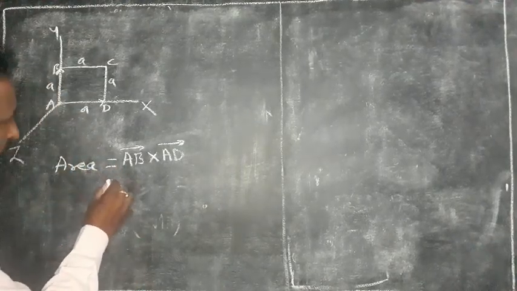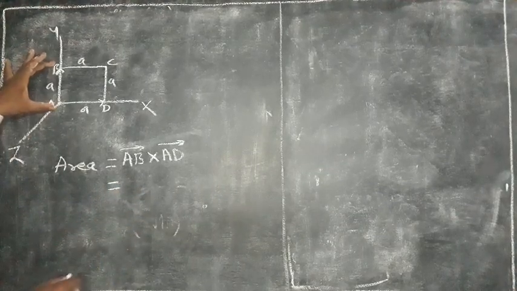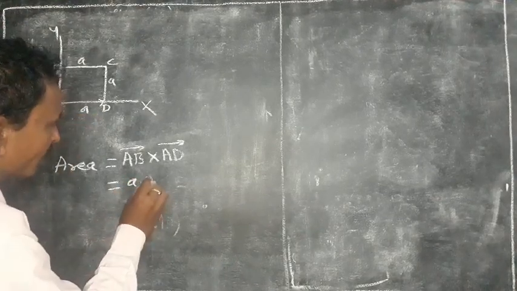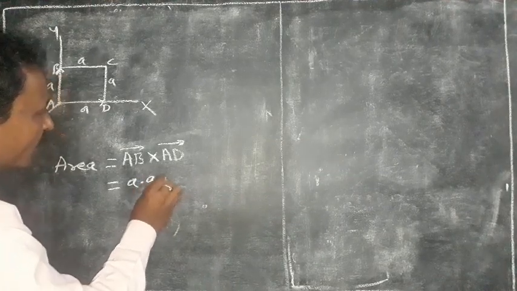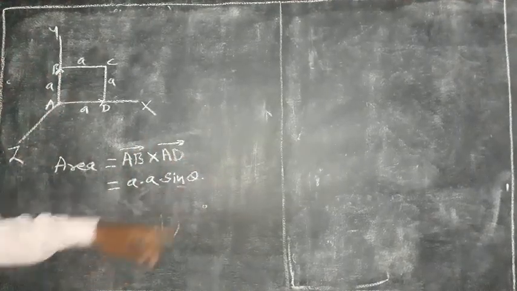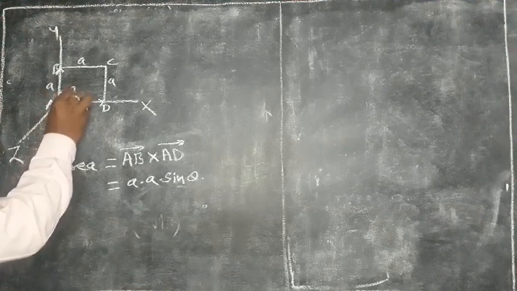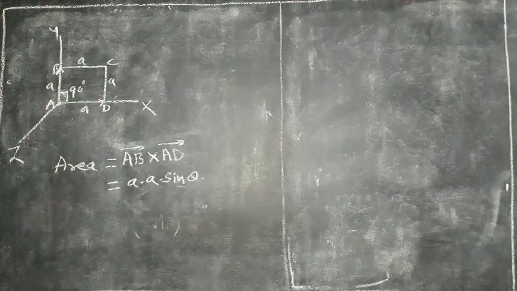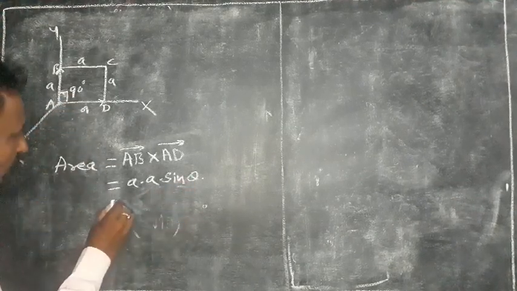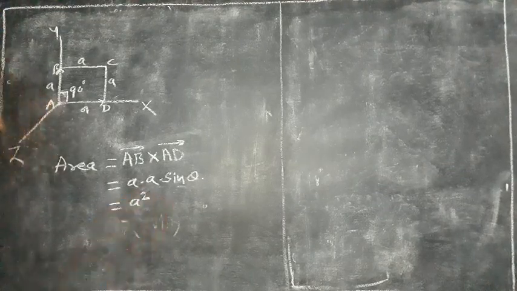Therefore, this AB cross AD can be written as magnitude of AB equal to A, into magnitude of AD, it is also A, into sine theta. Here theta is the angle between the two vectors, and the angle between the two vectors is 90 degrees, and sin 90 equal to 1. Therefore, A into 1, it is A square.